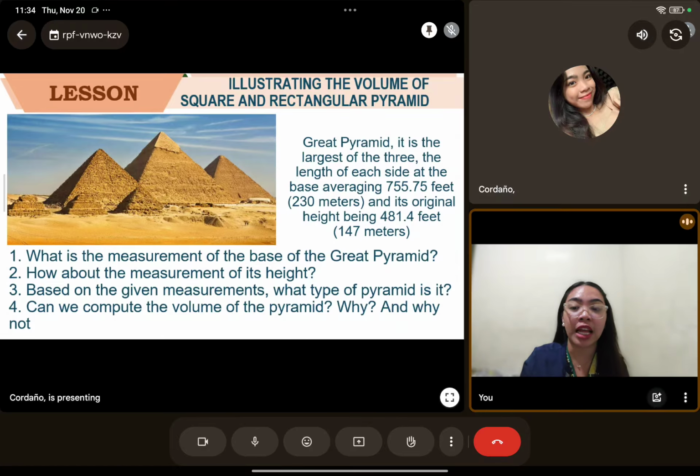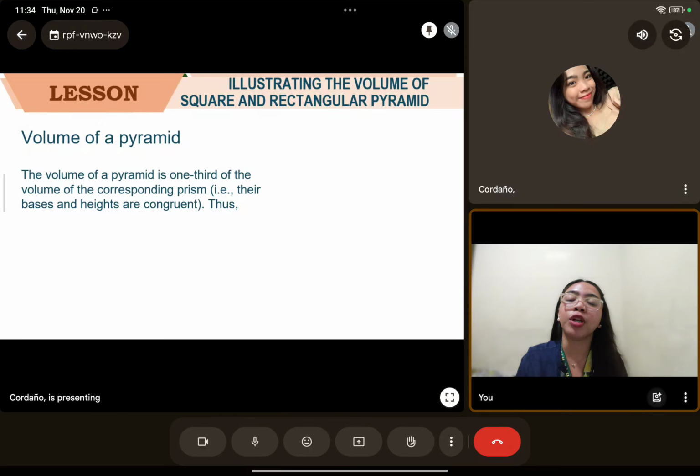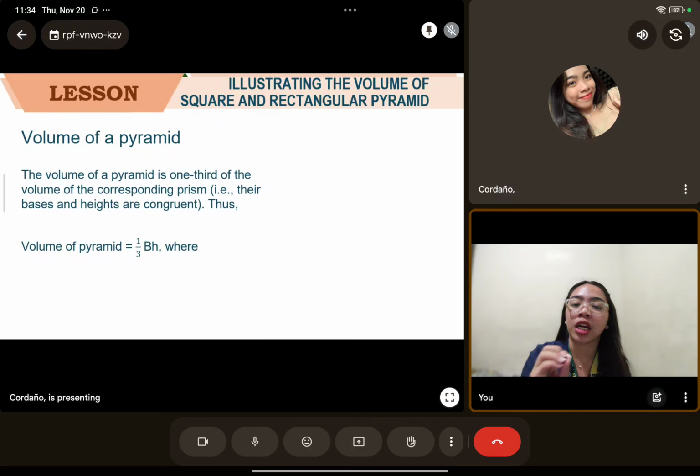To better understand this Great Pyramid, we will use the volume of a pyramid. So, the volume of a pyramid is 1/3 of the volume of the corresponding prism, given that their bases and heights are congruent. Okay, so the volume of a pyramid is 1/3 the base times the height.